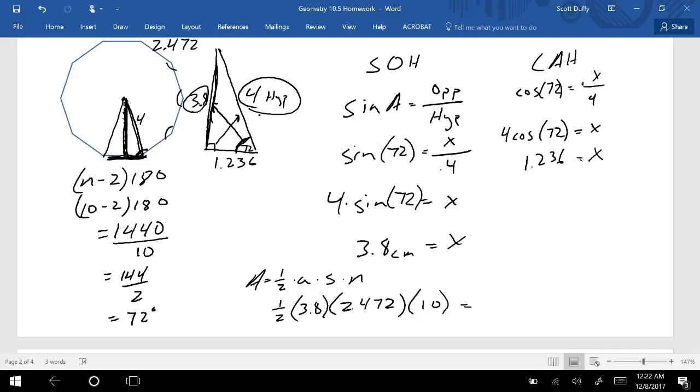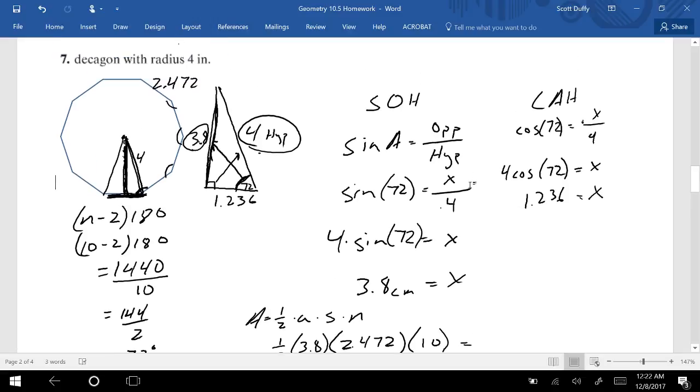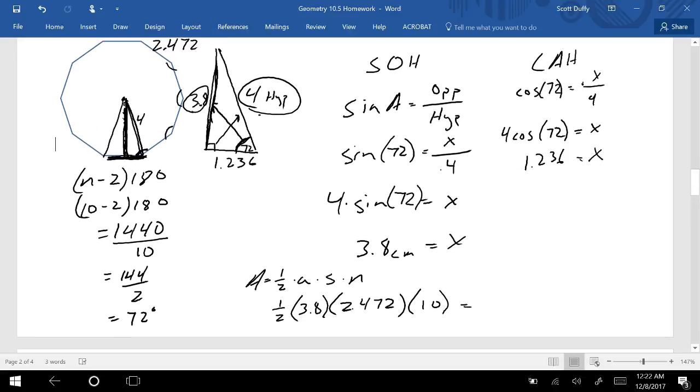Multiply that out and you should get an area of 46.97, which we'll just round up to 47.0. That would be square inches.